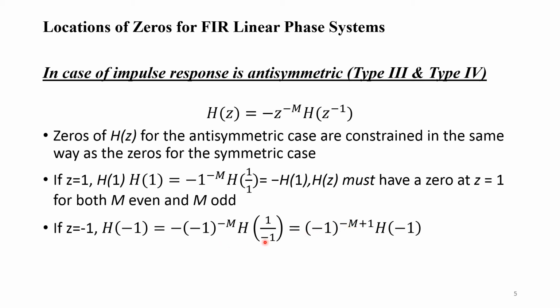The first case was when M is odd. In the case of odd M, we have M plus 1, which will result into even, and H(-1) will be equal to H(-1). I think that's quite straightforward.